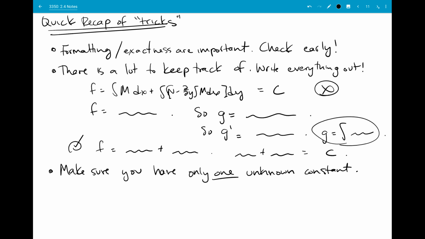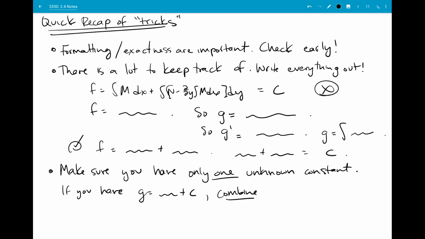When you take your integral of g, you're used to always saying plus a constant. That's fine. Sometimes I don't do it because I'm a little bit lazy. So if you have g equal to some stuff plus a constant, combine it when you set f equal to some other constant.